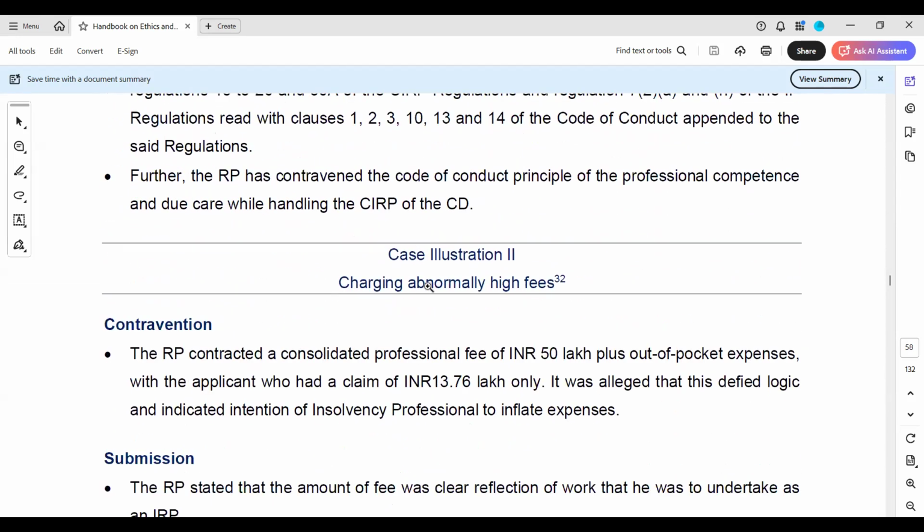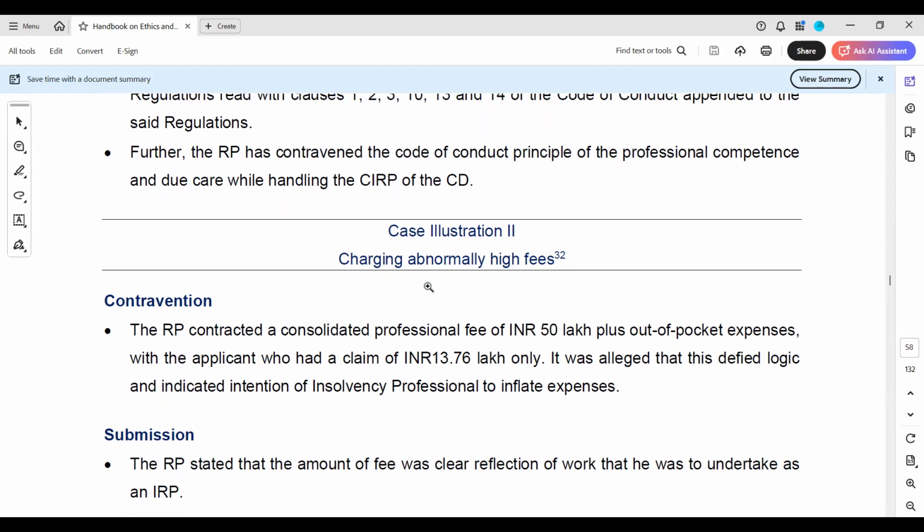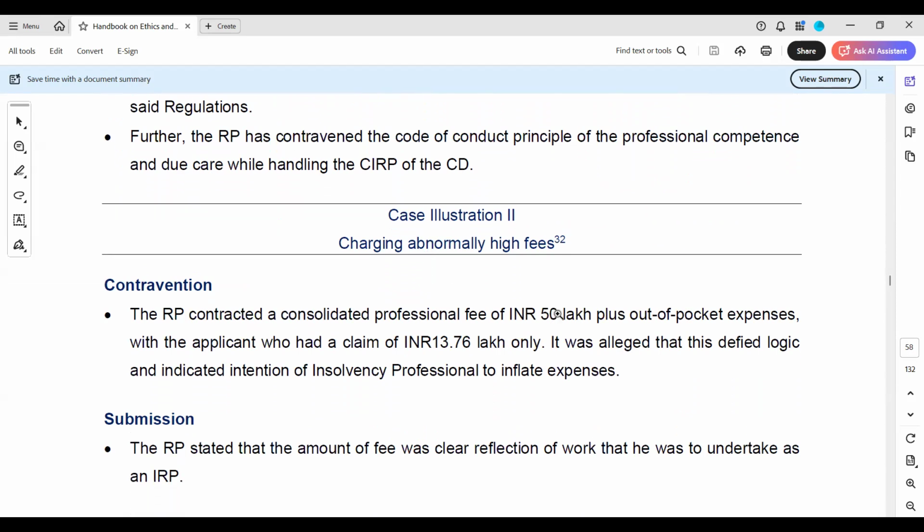Then charging abnormally high fees. RP contracted a consolidated professional fees of INR 50 lakhs plus out-of-pocket expenses with the applicant who had a claim of 30 lakhs only. एप्लीकेंट का क्लेम 30 lakhs का है, ये अपनी फीस चार्ज कर रहा है 50 lakhs. It was alleged that this defied logic and indicated intention of insolvency professional to inflate expenses.